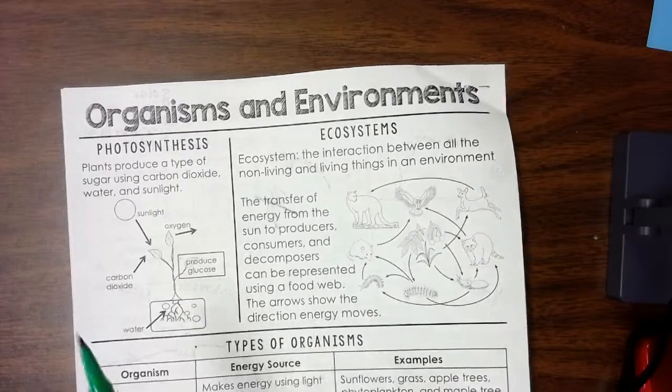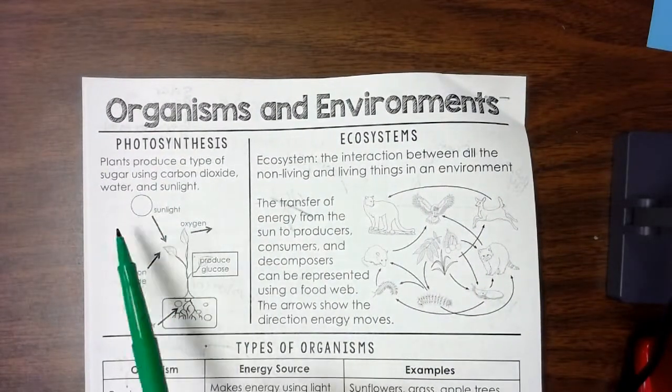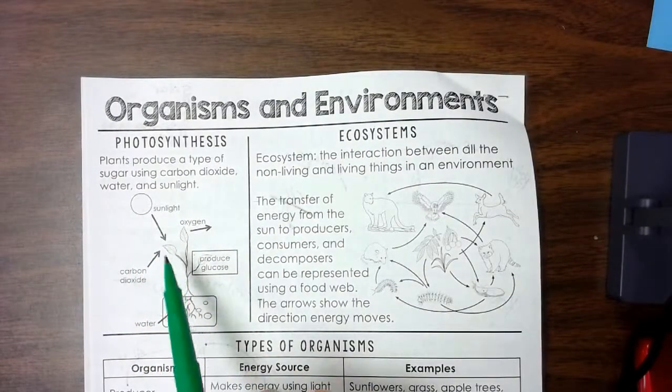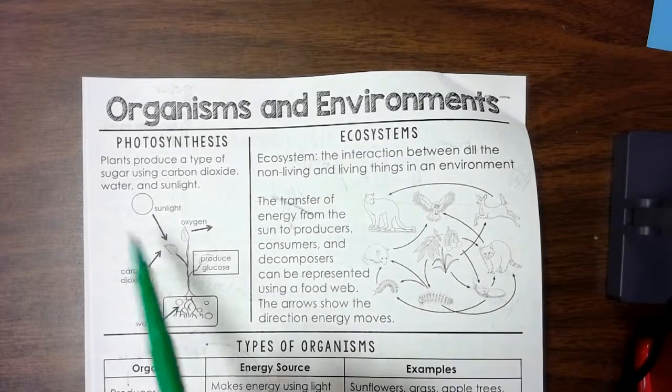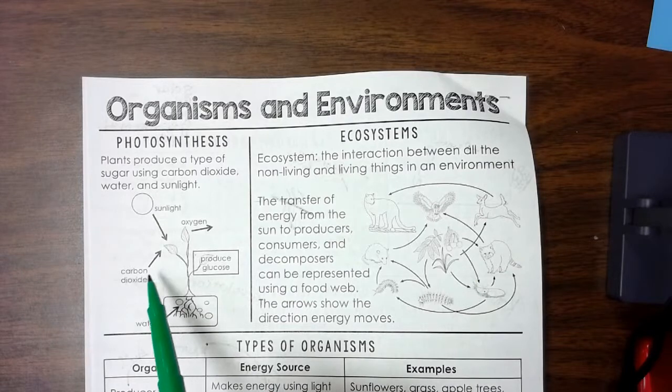All right, last page. I know this is really long. I'm sorry. Photosynthesis. Plants produce a type of sugar using carbon dioxide, water, and sunlight. How cool is that, right? All right, so your sunlight comes in. It's going to hit this plant. This sunlight plus the carbon dioxide, that's that stuff you breathe out.